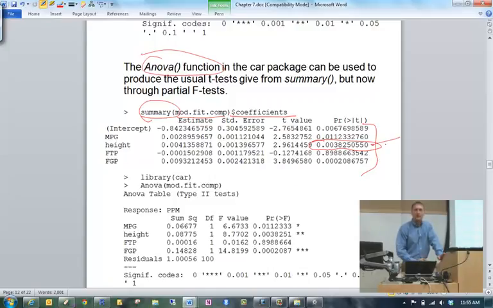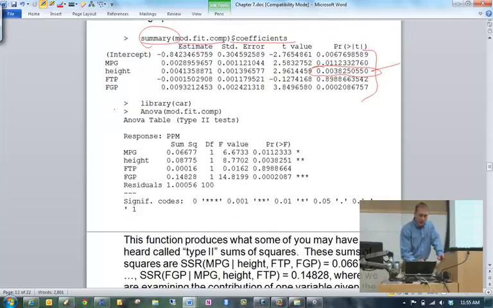The p-value is small, indicating, yeah, it looks like height is important, given the other variables are in the model. Well, what the Anova function gives you is this same kind of test. So if I say Anova mod.fit.comp, look at how these p-values are exactly the same.